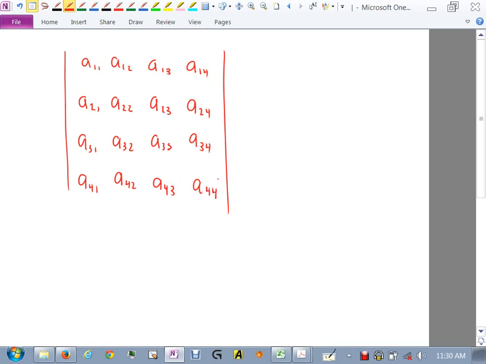What do you think the determinant of that would be? Maybe I start with A11 and multiply it times the determinant of this 3 by 3. But what's the determinant of a 3 by 3? I would start with A2 and then do the determinant of these two and then go back and forth. Do you realize the magnitude of this problem now?